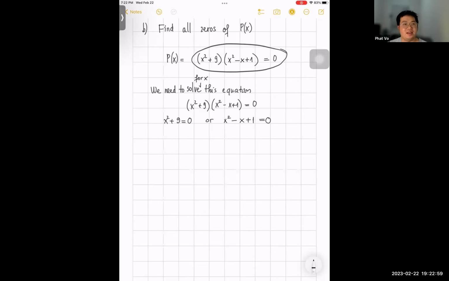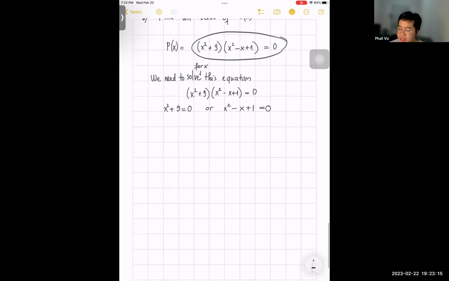At the beginning of the class, I told you the formula for solving the quadratic equation, so now you can apply it to these examples. I will start with the first equation, x squared plus 9 equals 0.